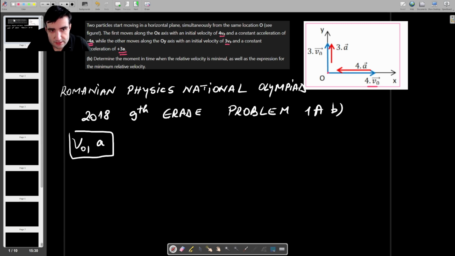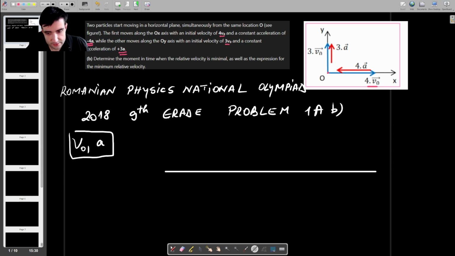What I would do is look at each particle individually and come up with an equation for the velocity of that particle, because we have to find the velocities in order to find the relative velocity.